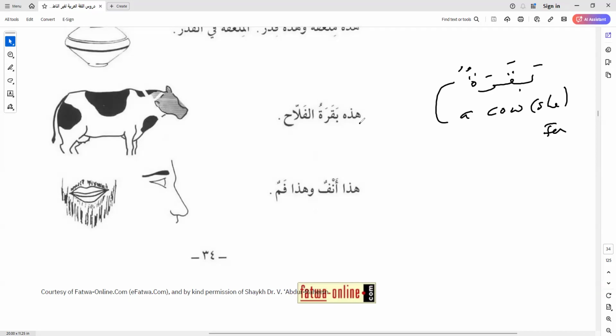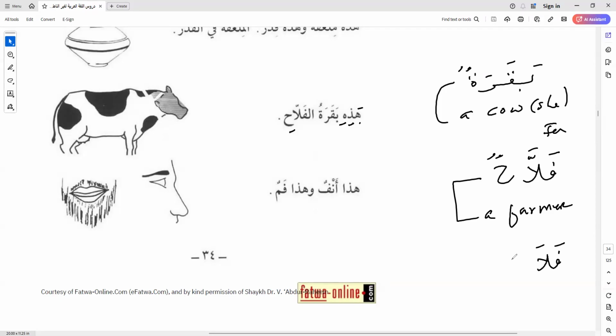So we say هذه بقرة الفلاح. فلاح, with a shadda. فلاح, a farmer. So we are advised by our grammarians not to say falahun.